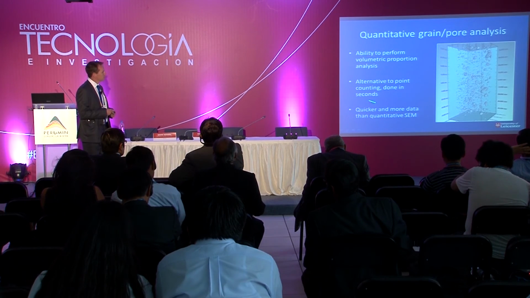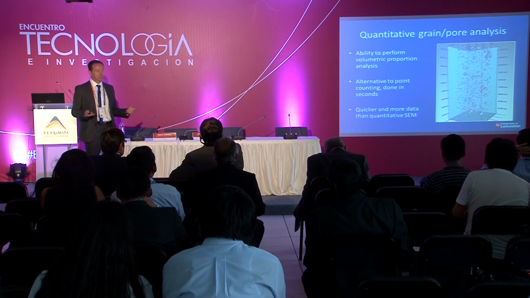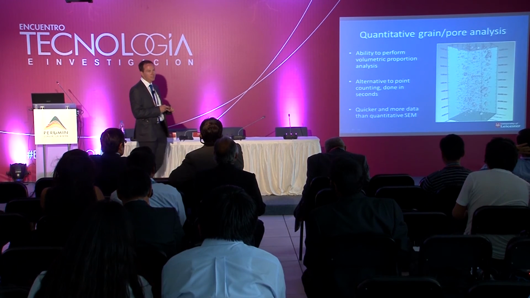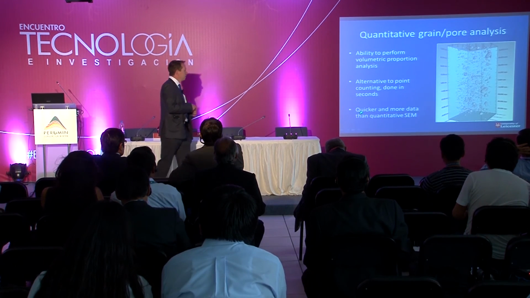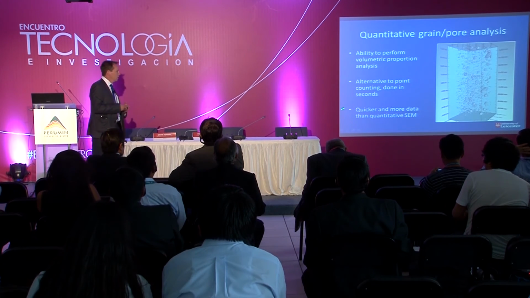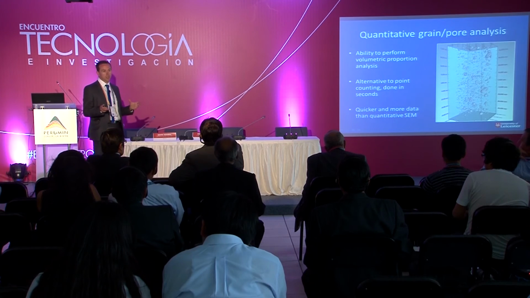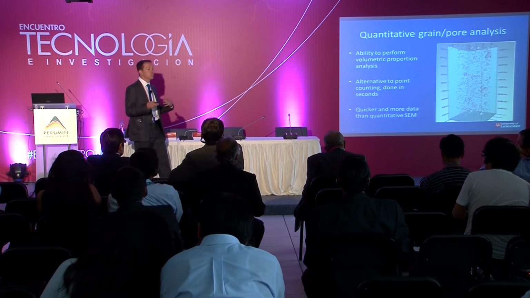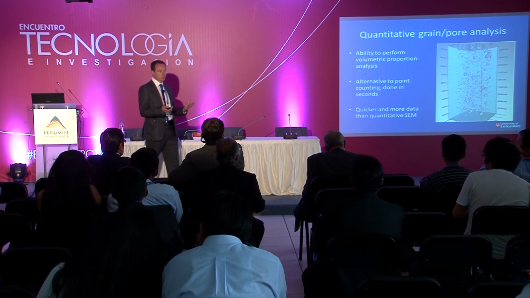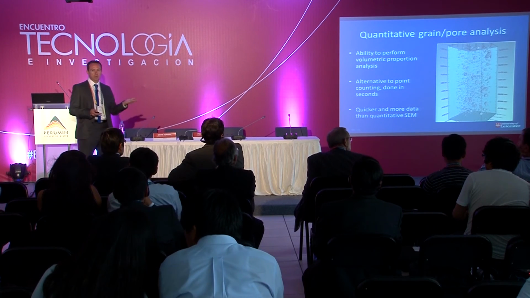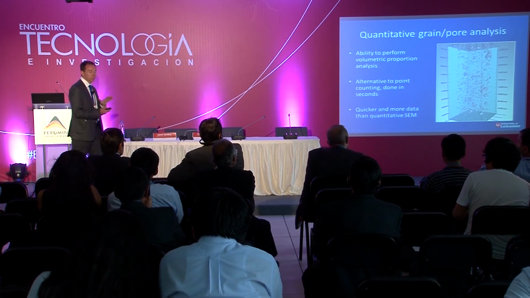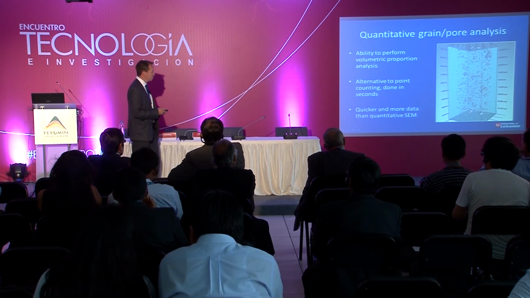And that's an alternative to point counting, if anyone's done that before. It's long and tedious. And you also get a little bit more data than you might for a quantitative SEM analysis, which of course gives you compositional data, it gives you proportions, but it is only in 2D. This literally gives you an extra dimension.